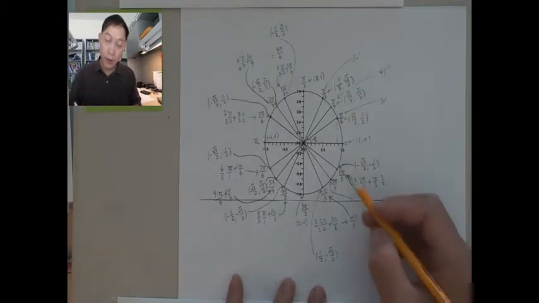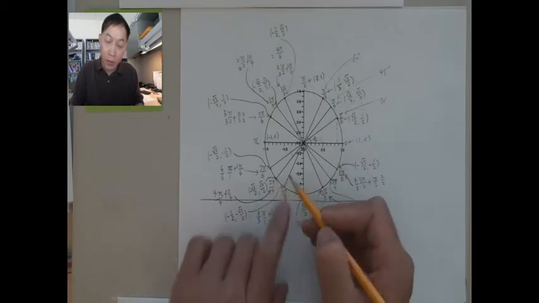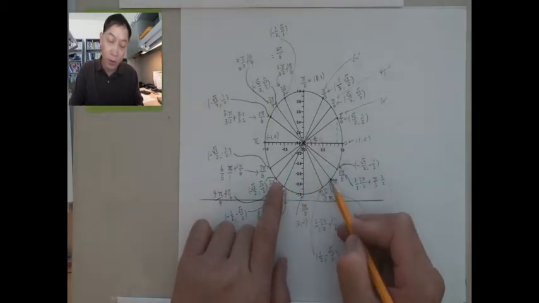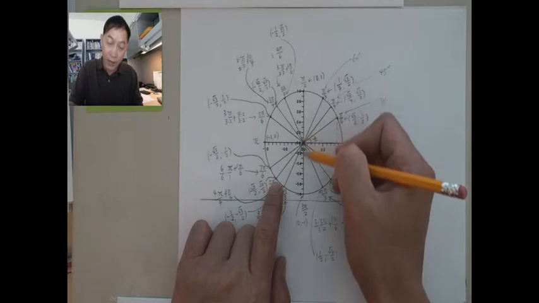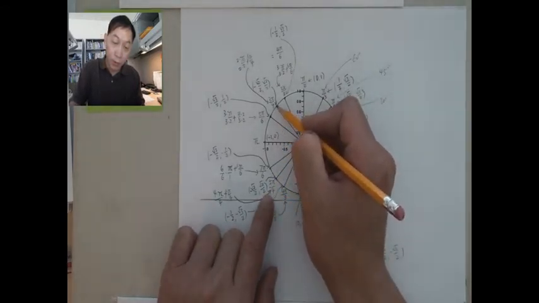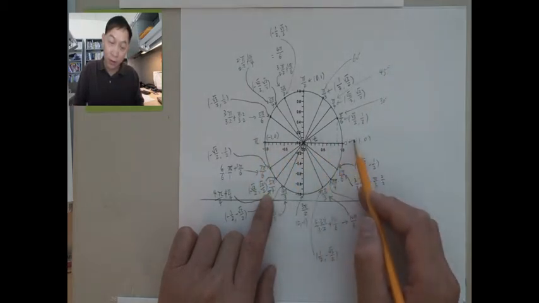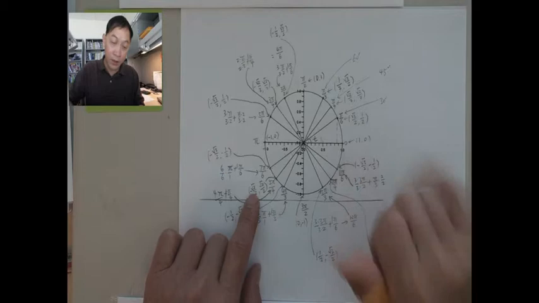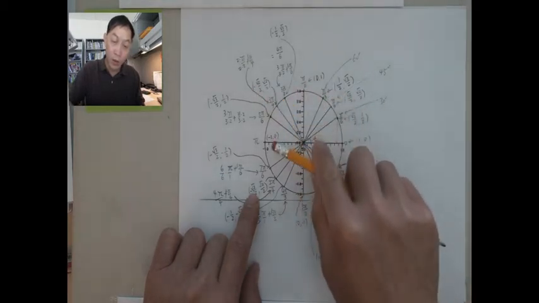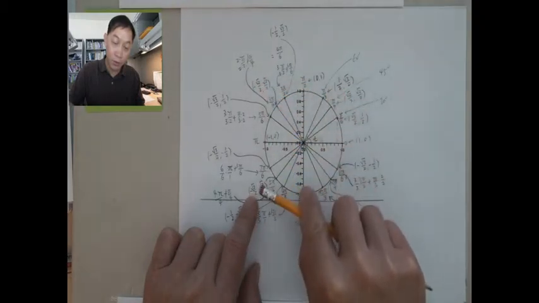Okay, and here, this point is symmetric with this point with respect to the y-axis. This point is also symmetric with this one with respect to the horizontal axis. Then you can see the x coordinate would be the same as this one: negative radical 2 over 2.